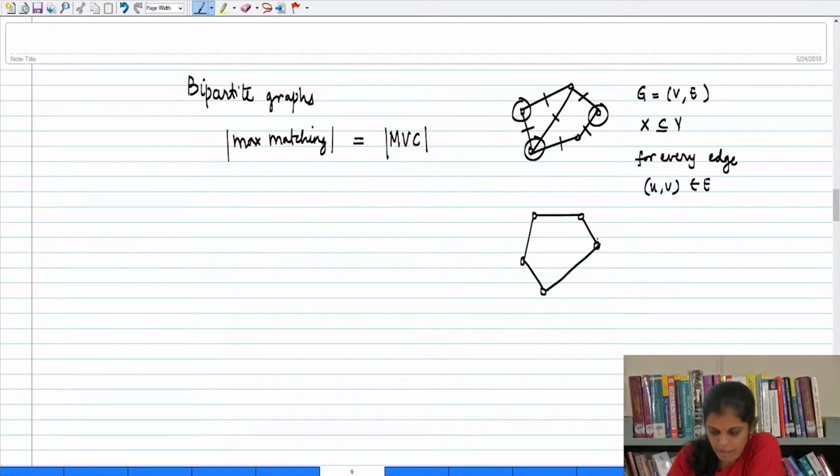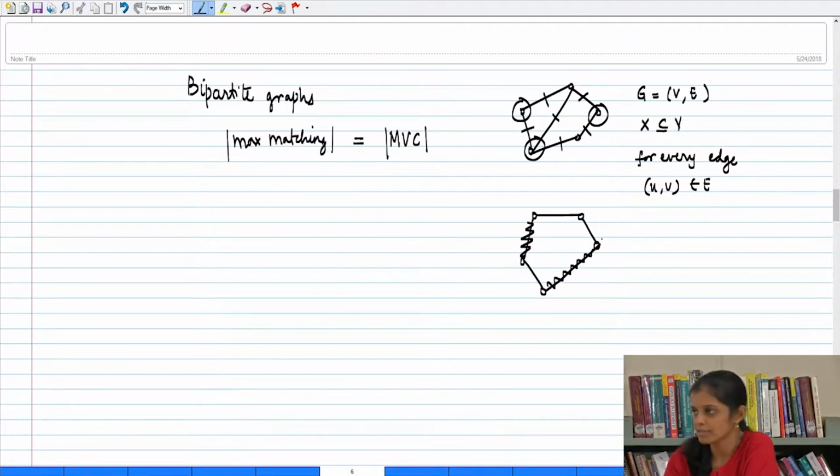So let us look at a particular example and note that the size of the maximum matching and the size of the minimum vertex cover need not be the same always. You may have seen this earlier. So this graph, which is simply an odd cycle, will have a maximum matching. So I will denote matched edges by, let us say, this. You cannot have a matching of size more than 2, that is clear, because you have an odd number of vertices which is 5, and the maximum matching is upper bounded by the ceiling of n over 2, which is here 2, right.